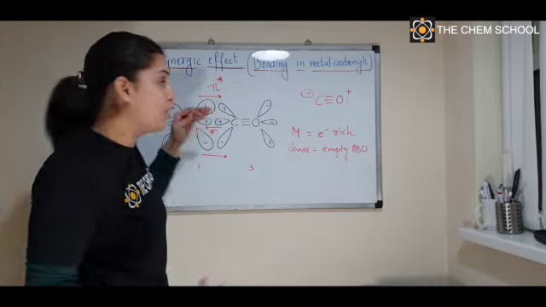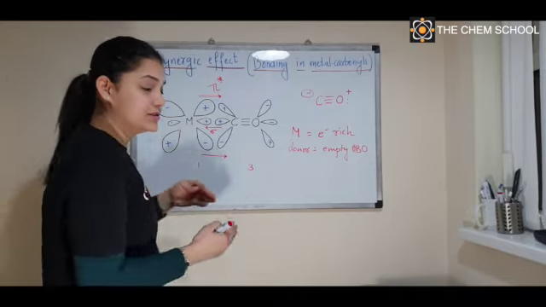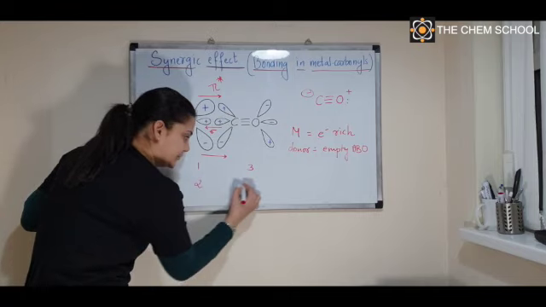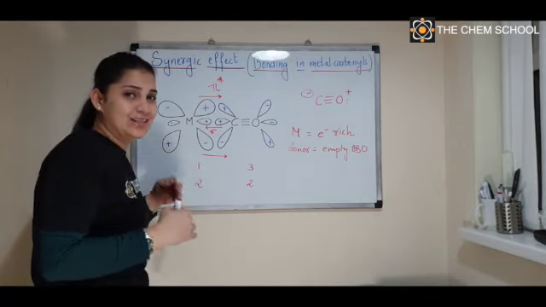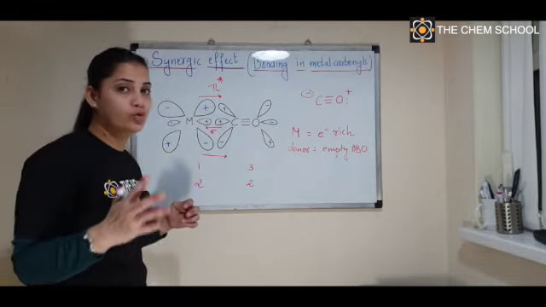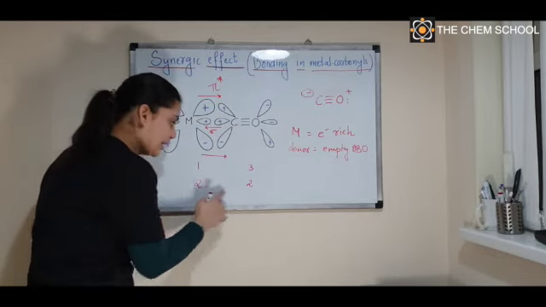But when the overlap takes place in the anti-bonding orbital region, something of this sort happens. This is your bond order. Your carbonyl bond, because it has lost some electron density, has a bond order close to 2. So carbon and oxygen will have 2 bonds, and there will be 2 bonds between the metal and the carbonyl.